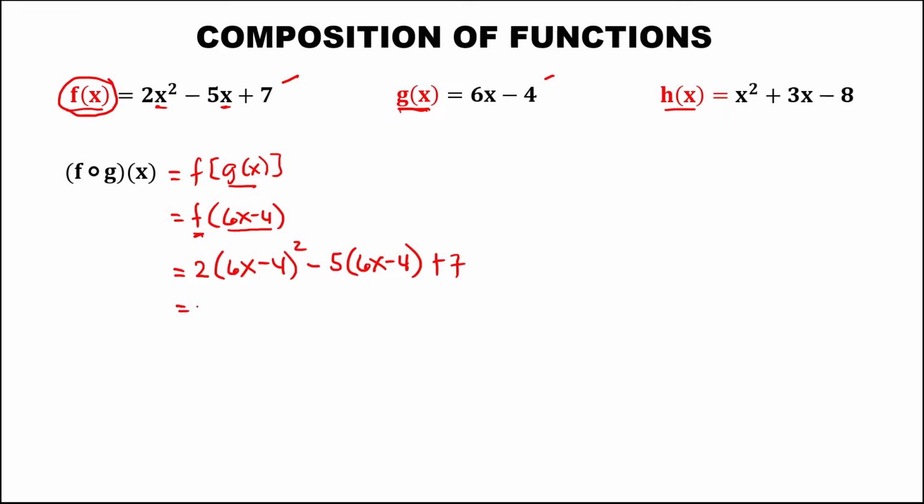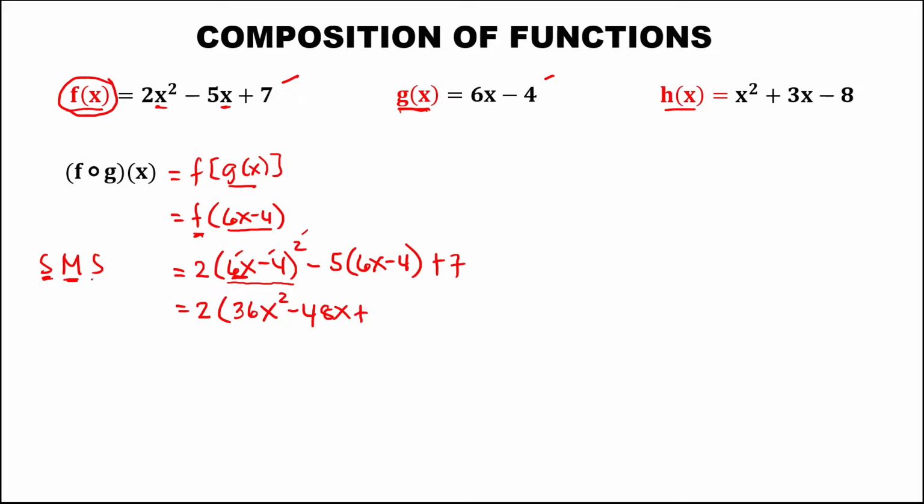Then to simplify, we have 2 times, and to expand this square of a binomial, we can use the SMS. S is the square of the first term, the square of 6x to the power 2, so this is 36x squared. Then M for multiplication, 2 times negative 4 is negative 8, times 6, so this is negative 48x.